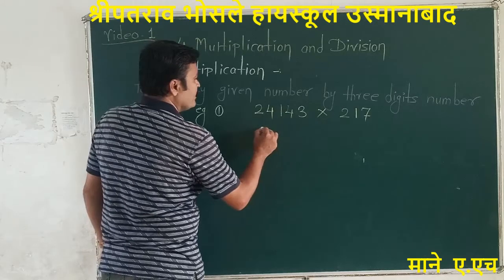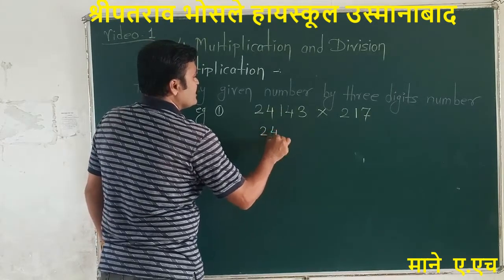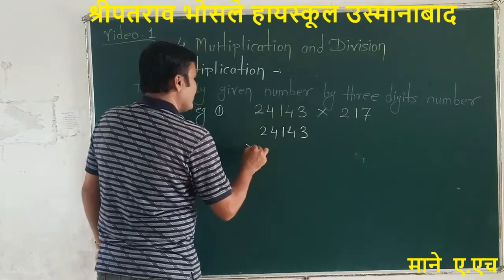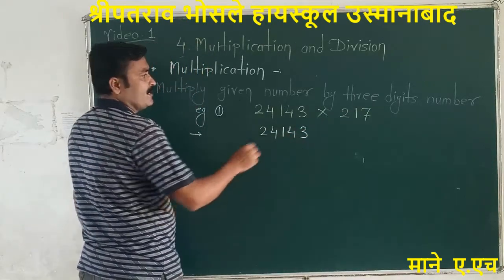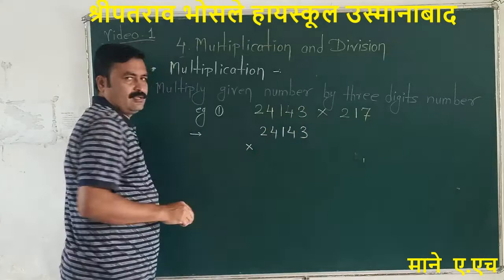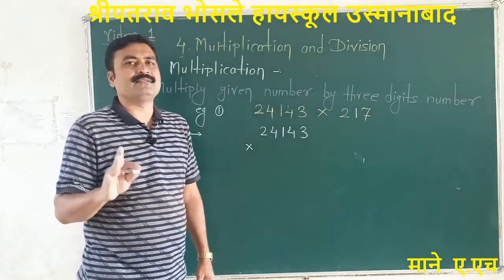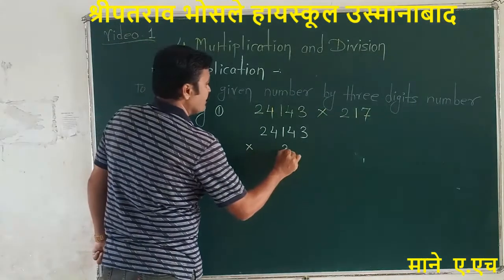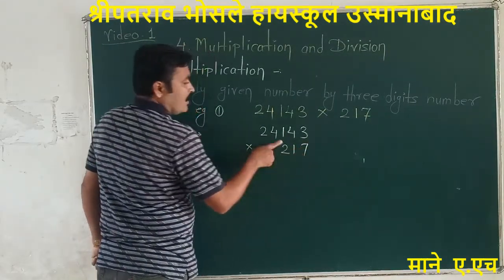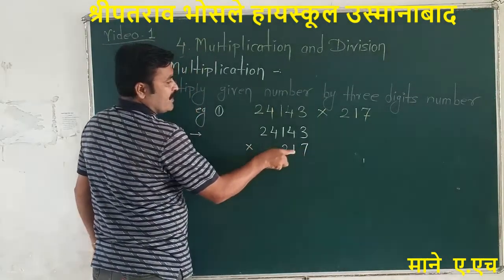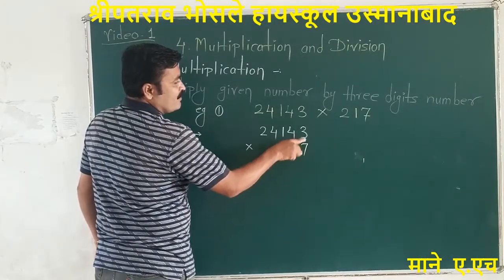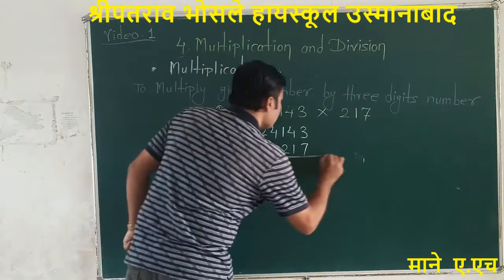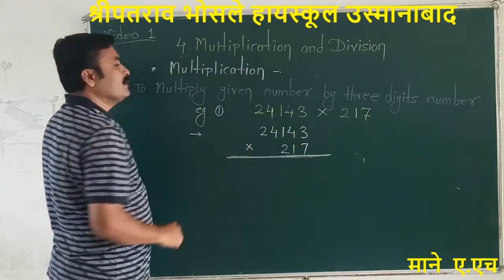First number put down 24,143 multiplied, take the multiplication sign, 217. 3-digit number, ones, tens, 100s. So we arrange 217 in this way. 100s below 100s, tens below tens, and ones below ones. Take a horizontal mark.